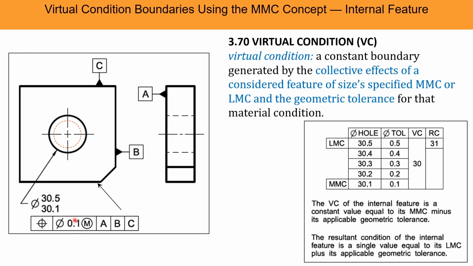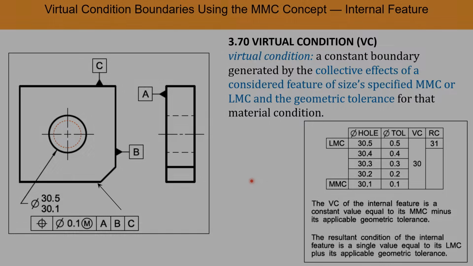So, in this example, virtual condition is equal to 30.1 minus 0.1 and virtual condition is now 30.0. This value represents the worst case inner boundary of the hole considering both its MMC size and the applied positional tolerance.